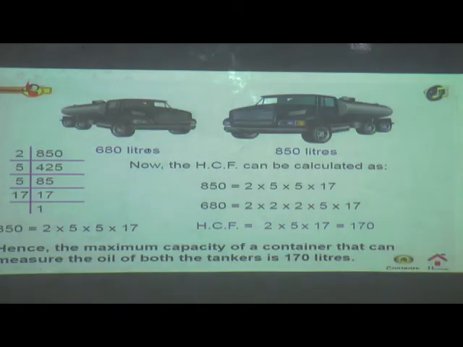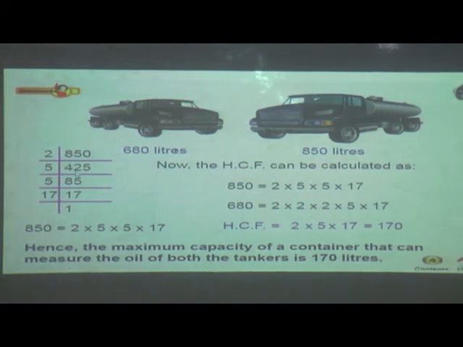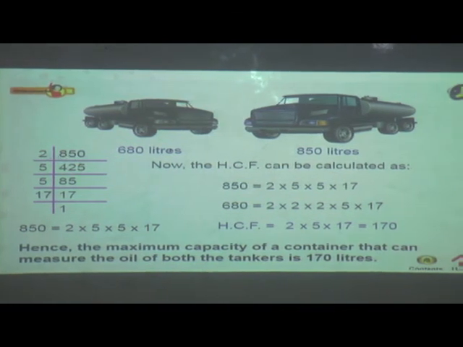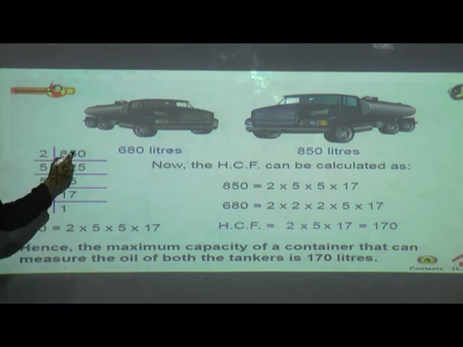Now we are going to find the prime factors of 850. 2 4s are 8. 2 2s are 4. 5 minus 1 is 4. So 2 2s are 4 and 1 is remaining, it becomes 10. So 2 5s are 10.